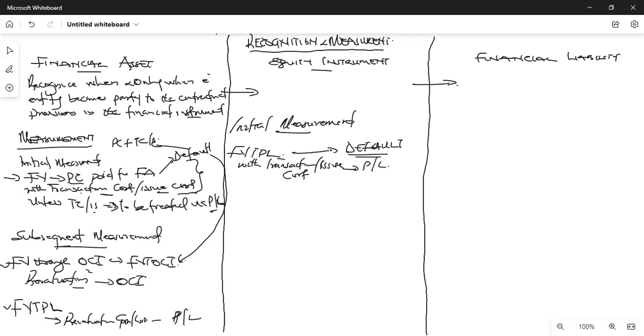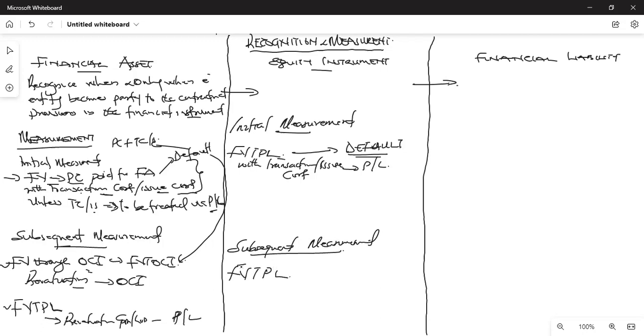If it is going through P&L, then your subsequent measurement will also be fair value through P&L.